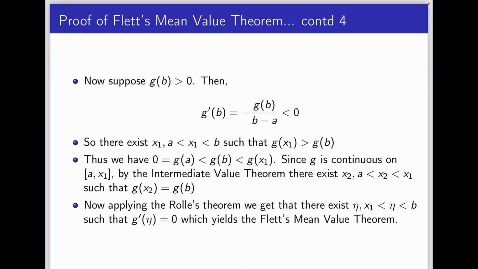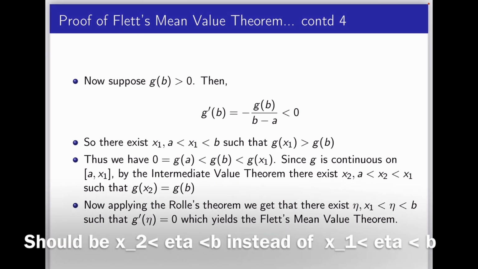Now g prime b less than 0 means g is decreasing to the left of b. That means there has to exist a point x1 lying between a and b such that the value of g at the point x1 is greater than the value of g at the point b.